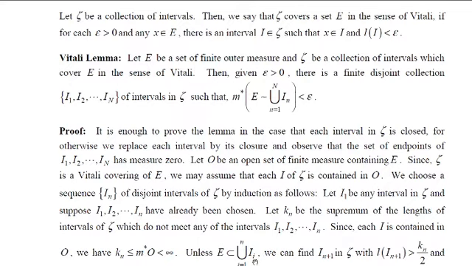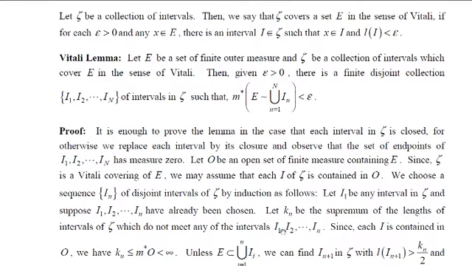Then there exists at least one interval, In plus 1, such that if x is present in E, then x is in In plus 1 and the length of this will be less than epsilon by the Vitali covering definition. Then we can find this interval In plus 1 in zeta which does not meet any of these intervals.